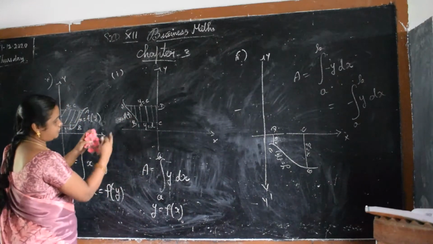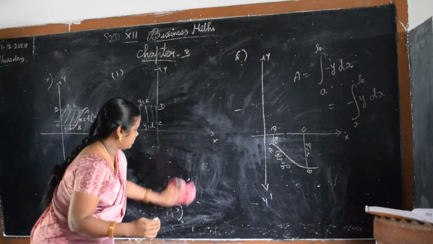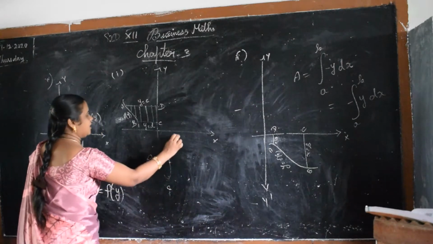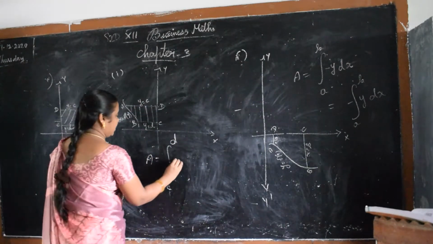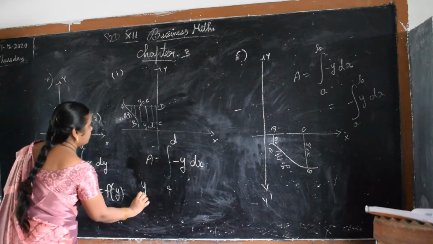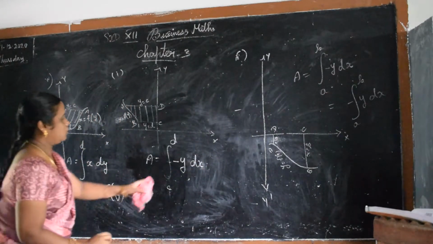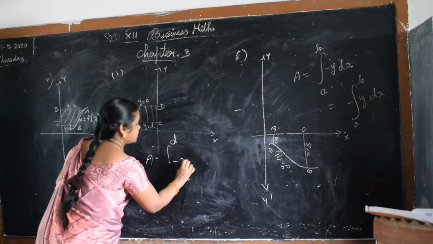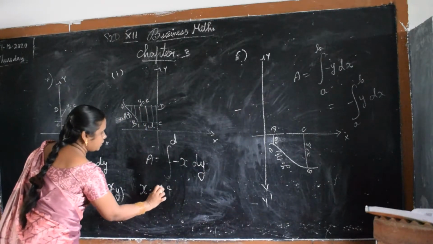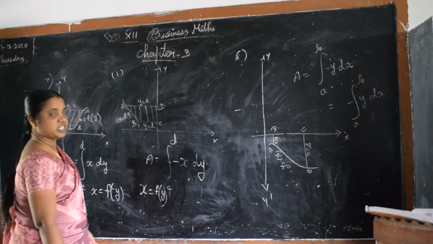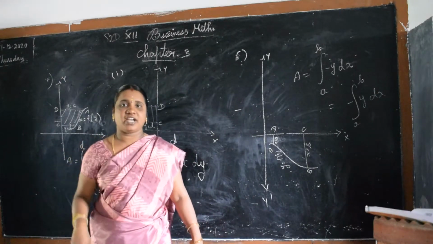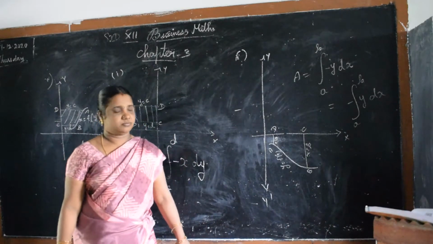If it lies left of the y-axis, how can you find the area? You can use the formula with limits c and d, integral c to d of minus x dy. Here what is the value of x? x is equal to f of y. Have you understood, children? These are the 4 cases we can use in our problems for finding the area of the curve.